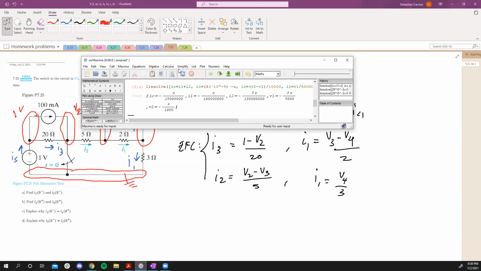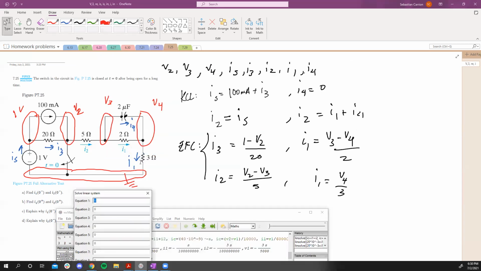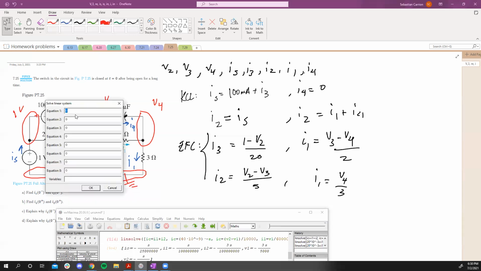All right, let's go ahead and do our equations. IS equals 100 times 10 to the negative 3 plus I3. I4 equals 0. I2 equals IS. I2 equals I1 plus I4. I3 equals 1 minus V2 over 20.